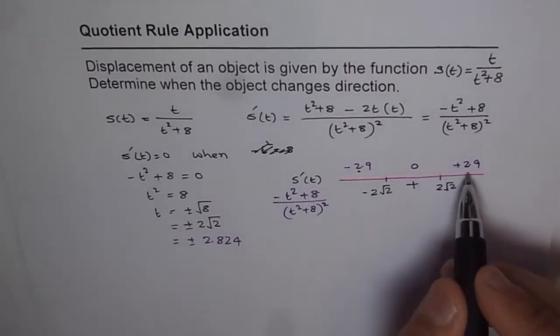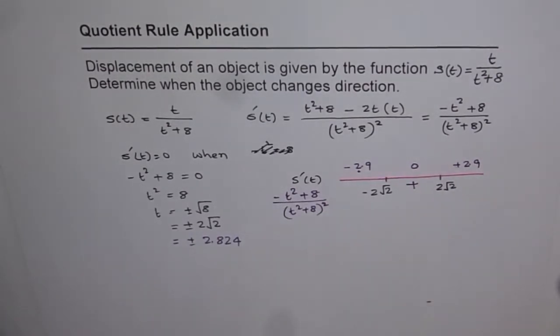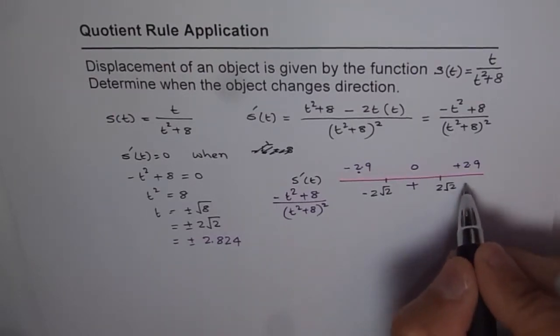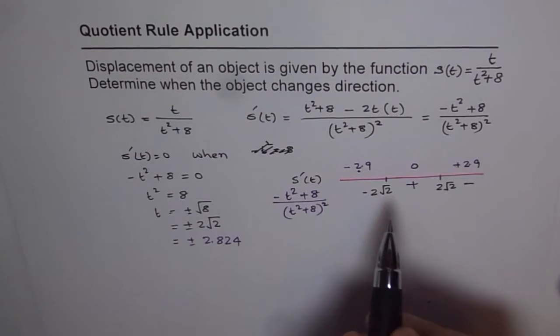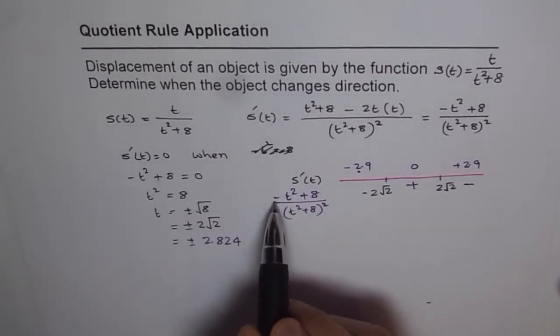Now if I write a value 2.9 here and calculate, then I take minus of 2.9 squared, and then I add 8 to it. So what do I get? I get a negative number, right? Negative 0.41. So here we get negative. Similarly, if I do minus 2.9, the square will be positive, so we have this negative.